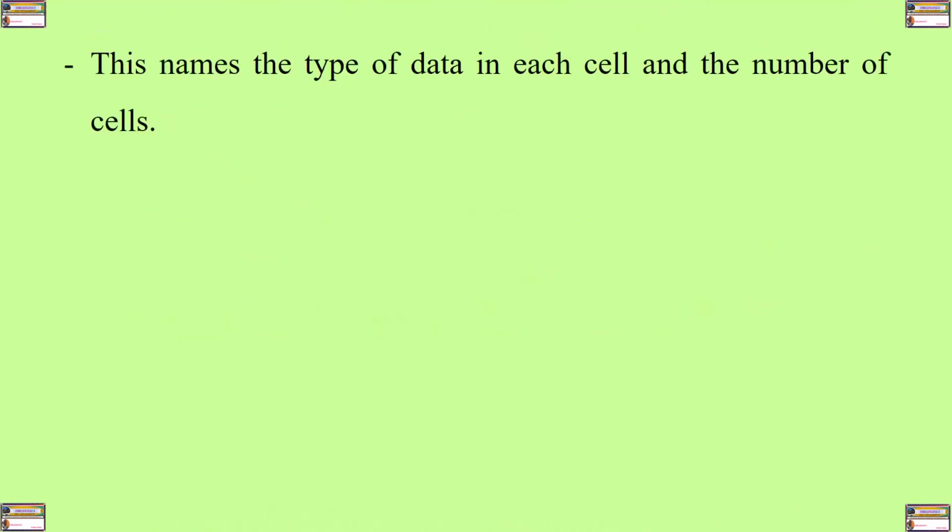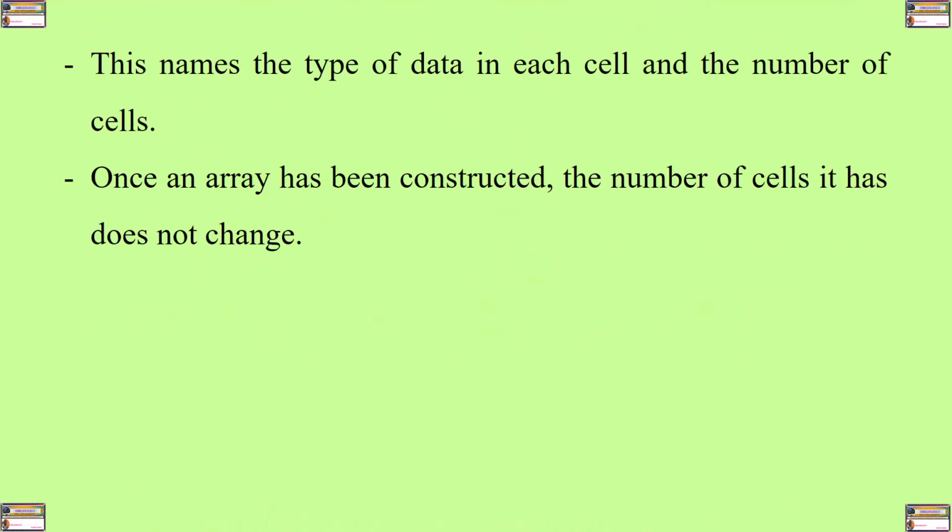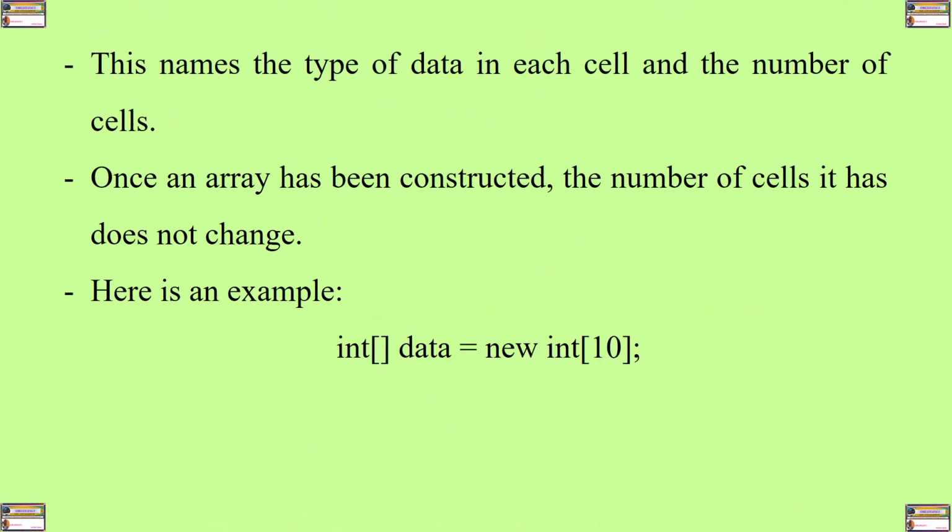This names the type of data in each cell and the number of cells. Once an array has been constructed, the number of cells it has does not change. For example, if you have an array called data and it has been given 10 cells, those cells will remain and will contain values of type integer.